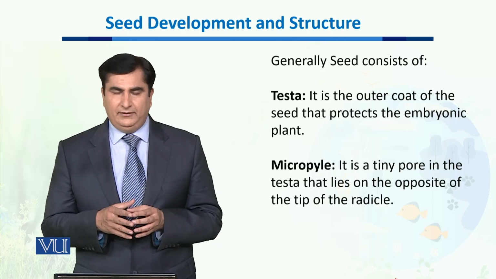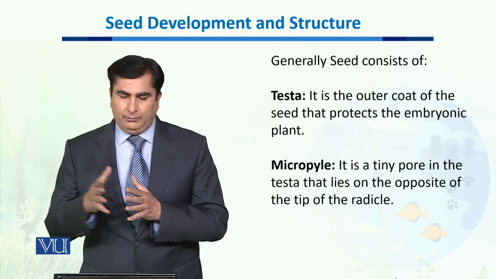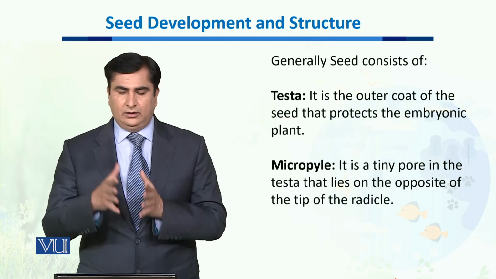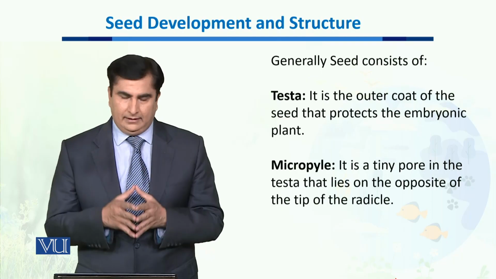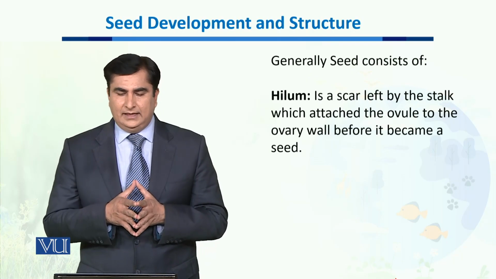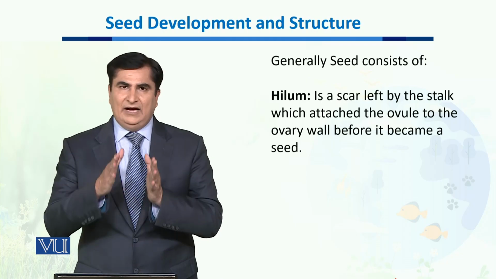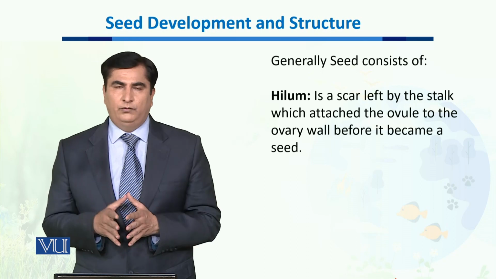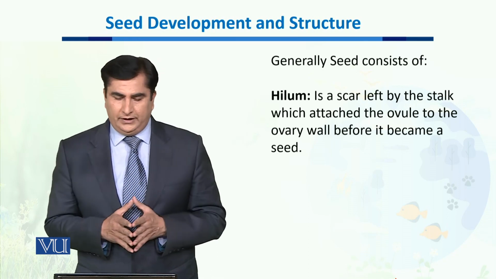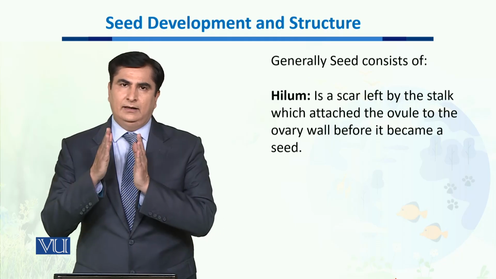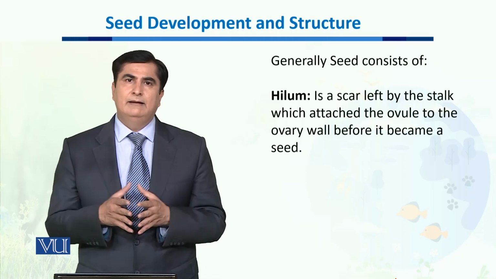It is actually a very tiny pore present in the testa, which lies opposite to the tip of the radicle. Then we have hilum. It is actually a scar left by the stalk, which attached the ovule to the wall of the ovary before it became a seed, just like a placenta in the mammals.